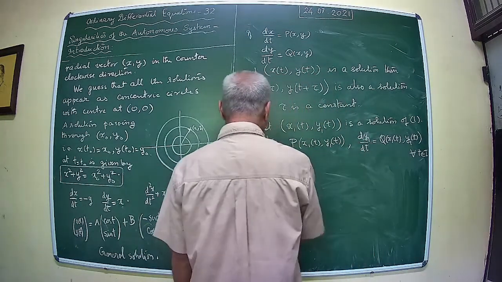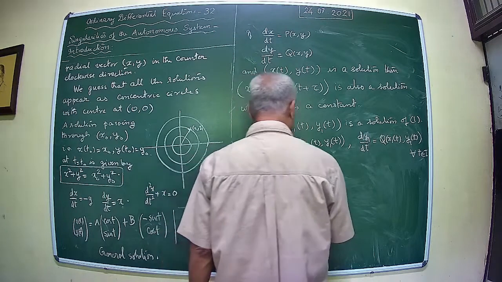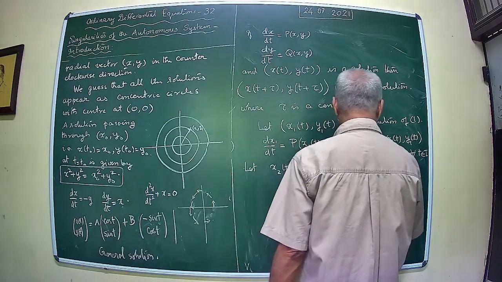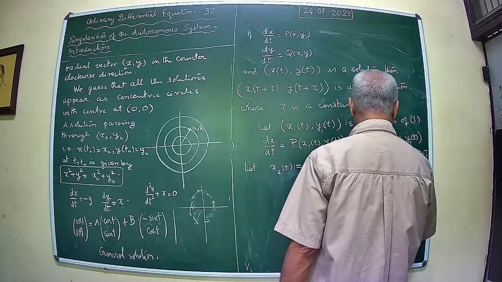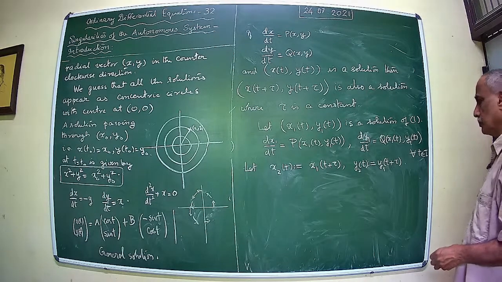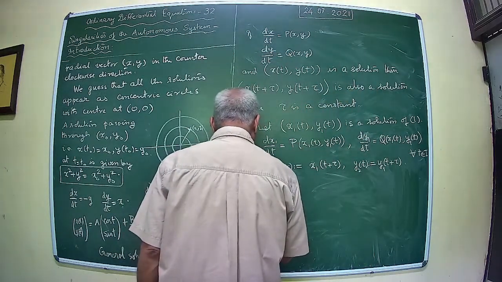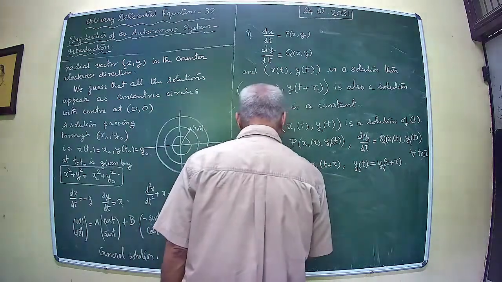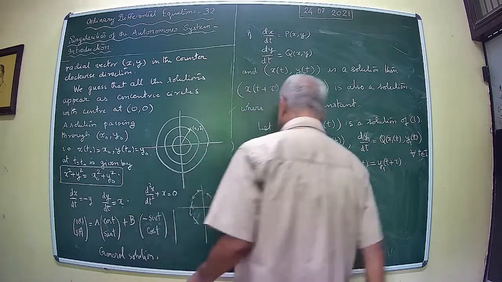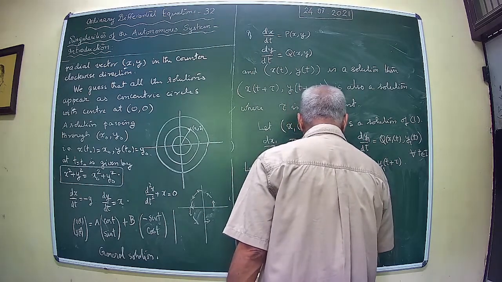Now let x2(t) be x1(t plus tau). So let us write down dx2 by dt, this is equal to dx1(t plus tau) by dt, which I can write as dx1(t plus tau).